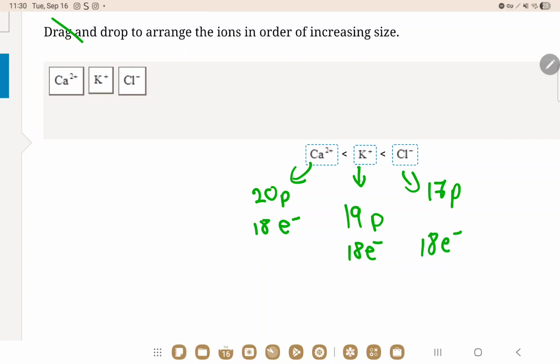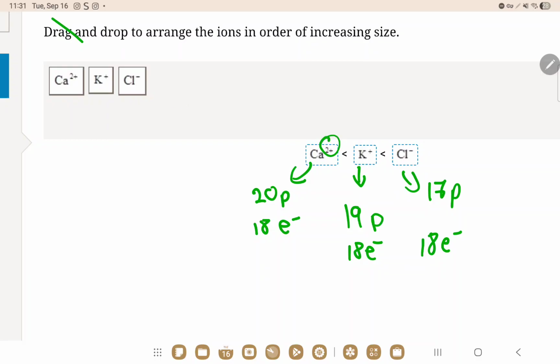Now, what do we call things with the same number of electrons? We call them isoelectronic. Whenever you have isoelectronic atoms, the one that's the biggest is the one with the biggest negative charge. So whenever all the electrons are the same, the one with the highest positive charge is the smallest.